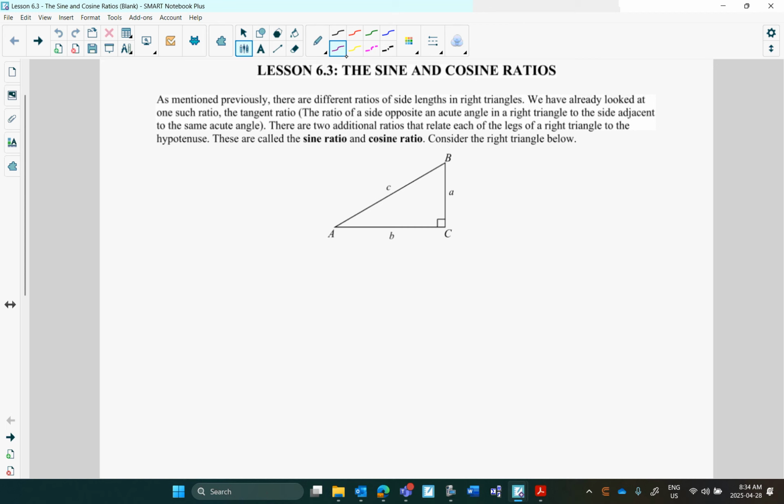And that was the tan of an angle. So let's refer to this diagram. The tan of angle A is equal to what side over what side? What are the names of the sides? Opposite over adjacent.